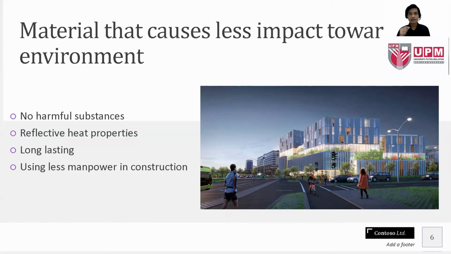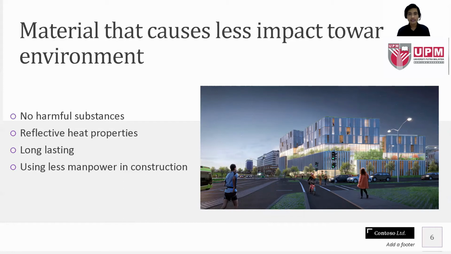Then the building should be long lasting, to make sure it serves at its best performance. And the material itself should use less manpower because it can reduce the labor costs and construction time.